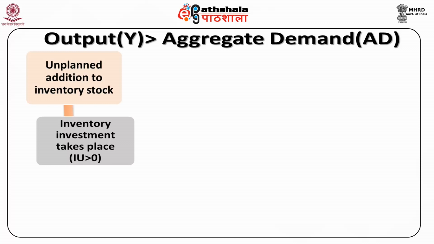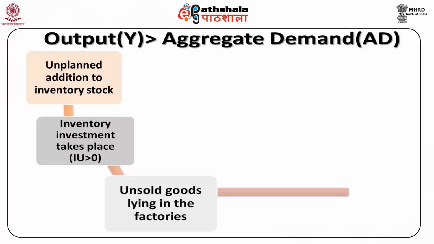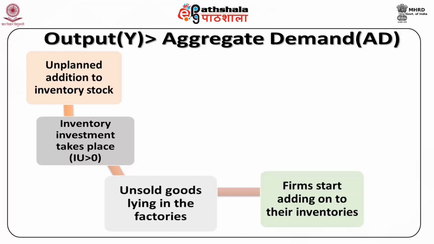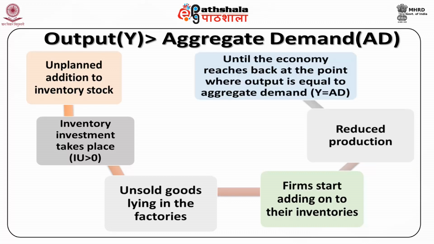IU is greater than 0 as there are unsold goods lying in the factories. As firms start adding to their inventories, they reduce production until the economy reaches back the point where output is equal to aggregate demand, that is, Y = AD.